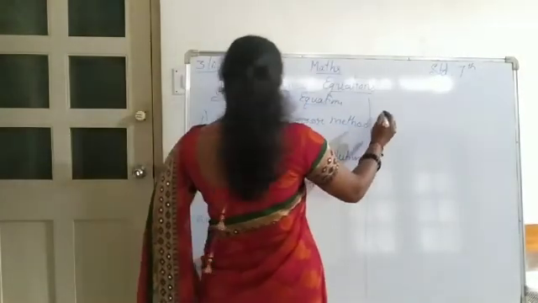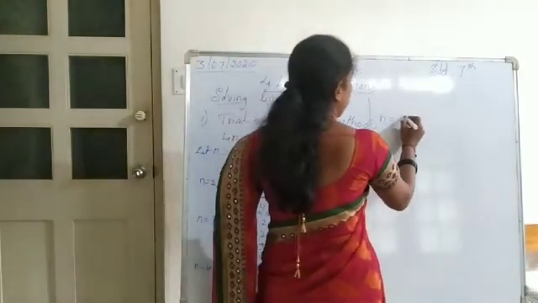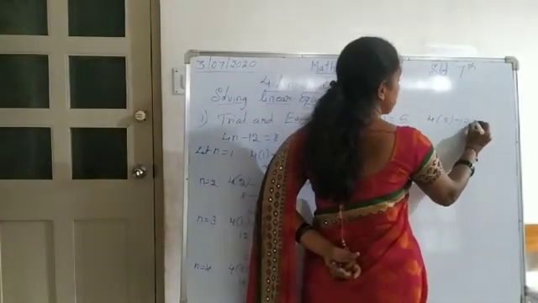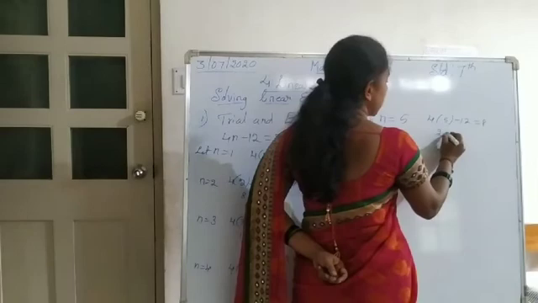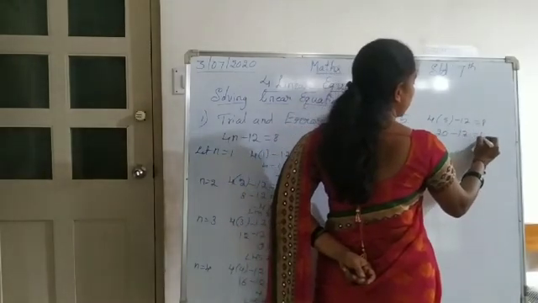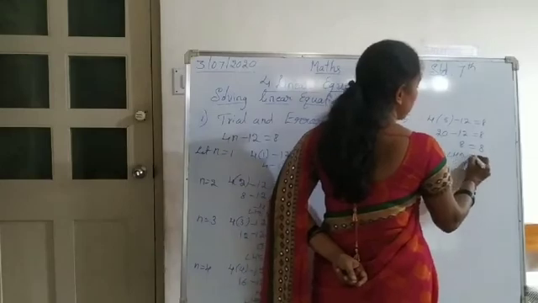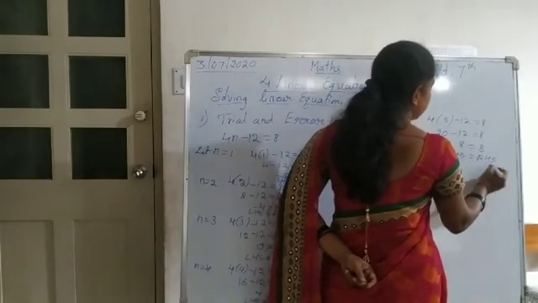Now let me take the value for n as 5. 4 into 5 minus 12 is equal to 8. 4 5s are 20, minus 12 is 8. So 8 is equal to 8, which means LHS is equal to RHS.